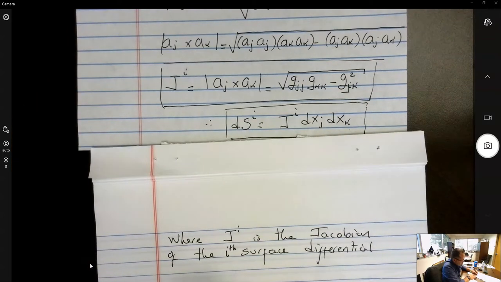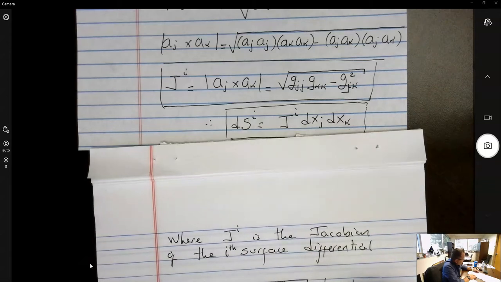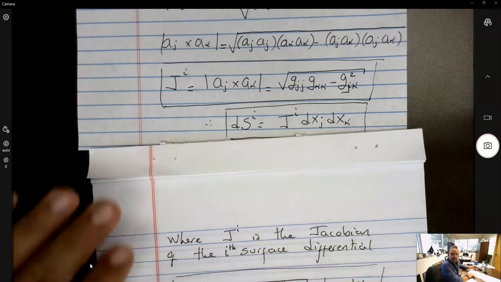So dsi is simply the square root of gjj gkk minus gjk squared times dxj dxk. These right here, again, are the Jacobian i.